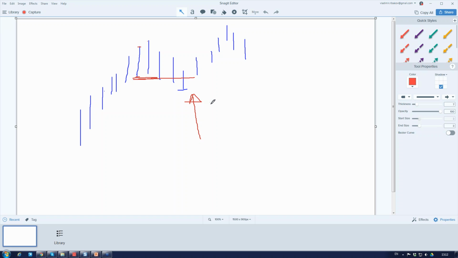Now, why do we care about a correction when we speak about false breaks? The answer is because a false break has to be between clear moves. So that is a clear move. We define it as a clear move because the correction is deep enough. So we have point number one, point number two, and we break above point number one in clear moves.